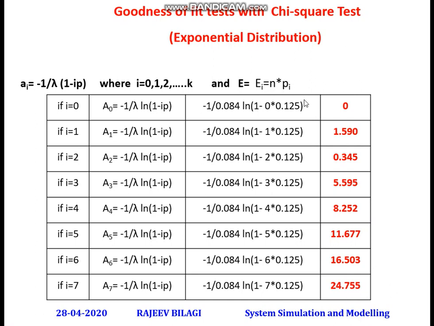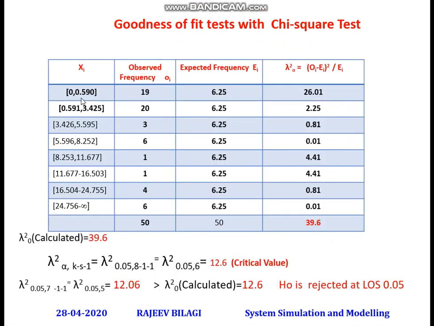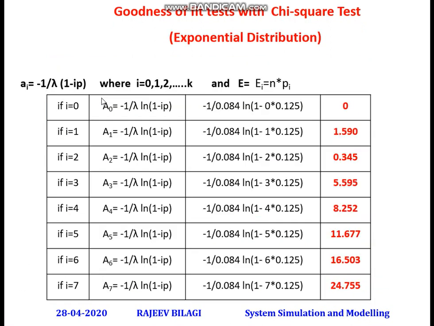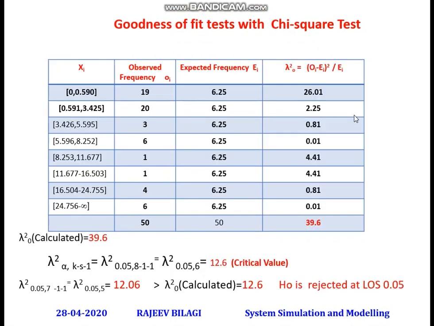So a0 to a1, a1 to a2, a2 to a3, like this you have to find out the values of a_i. With that, I have found here the values of the class intervals.